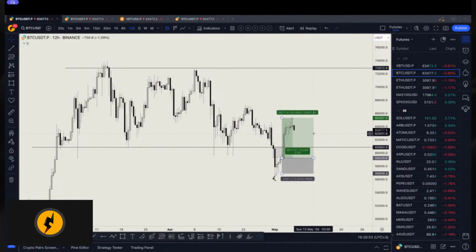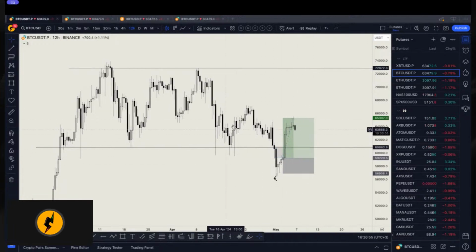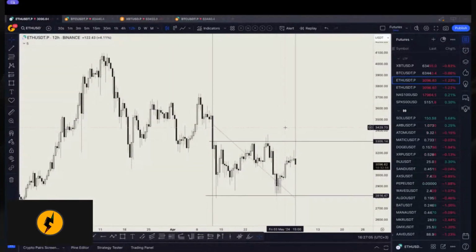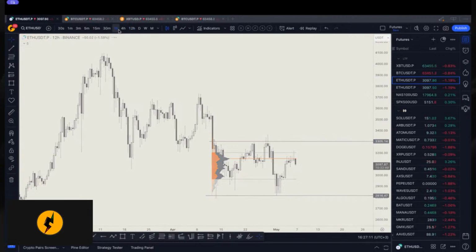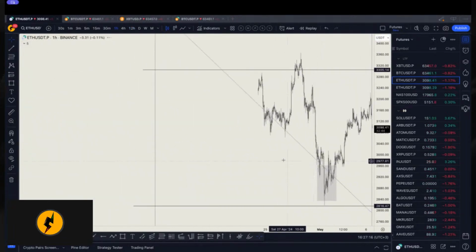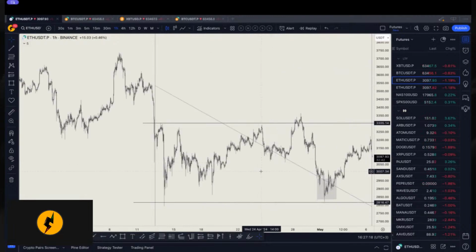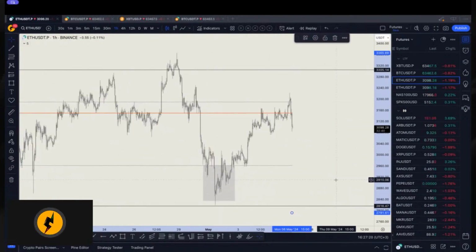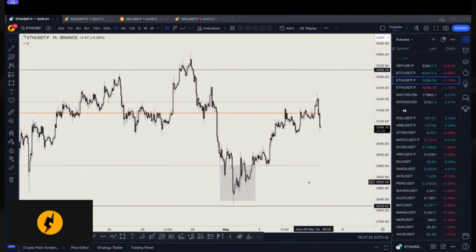Now as I said, this is not the perfect example of it. Maybe we can do another chart on the ETH range. Let's do it actually, why not? So this is the range that we had, and the 1 hour time frame looks fine. I'm giving you another example basically.